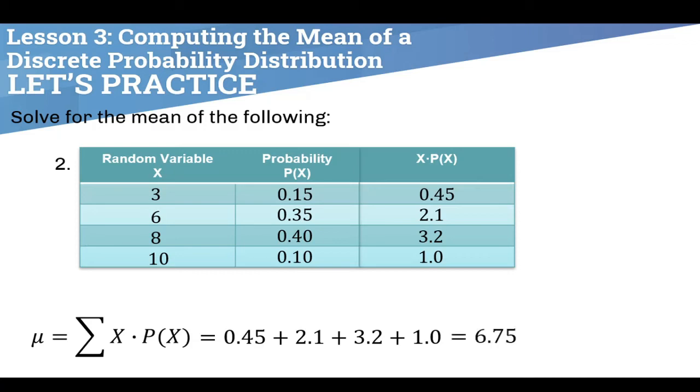This is 6.75. Yan na ba sagot, sir? Yes, yan na. Pag decimal na lang as is. Pero pag fraction, kung nagda-doubt kayo sa pagdi-divide sa calculator, it's okay. I will accept the fraction. Okay? Very good. Next.